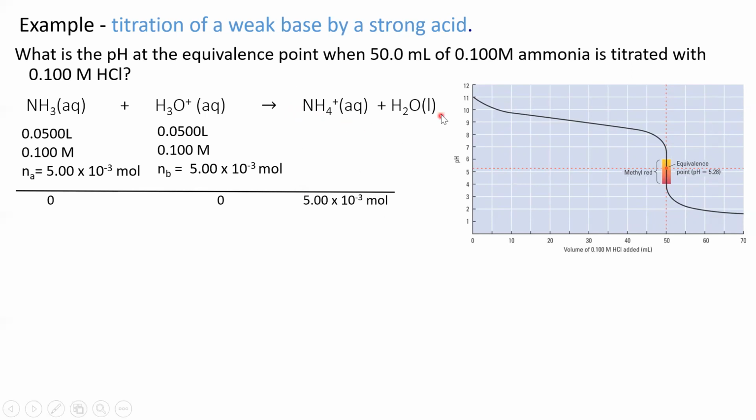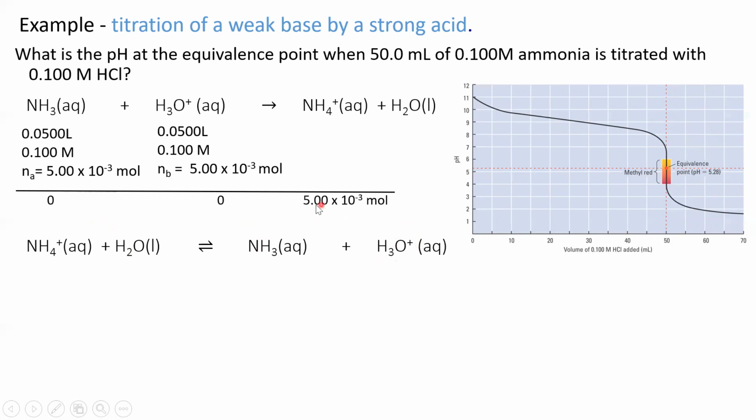So we have to figure out what happens to the ammonium ions in water. Okay, the ammonium ions are going to act like an acid. They're going to donate their proton to the water, and we're going to produce ammonia and hydronium. Well, that's what we need to figure out the pH.